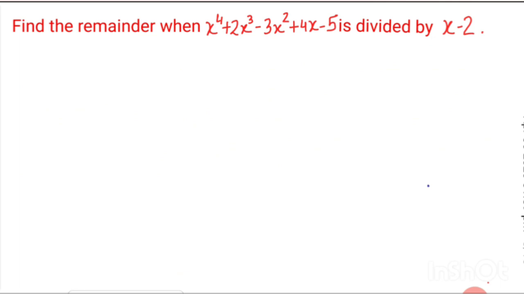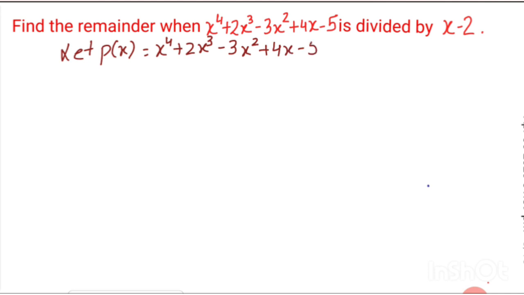Okay. Now I have to use the remainder theorem here. Let P of x equals x raised to power 4 plus 2x cube minus 3x square plus 4x minus 5. Okay, and g of x is x minus 2. Now for finding the value of the remainder when p(x) is divided by g(x), it will be equal to the value of p(x) at the zero of g(x).